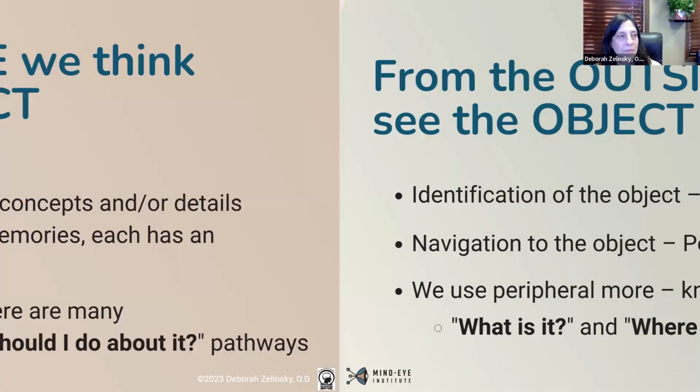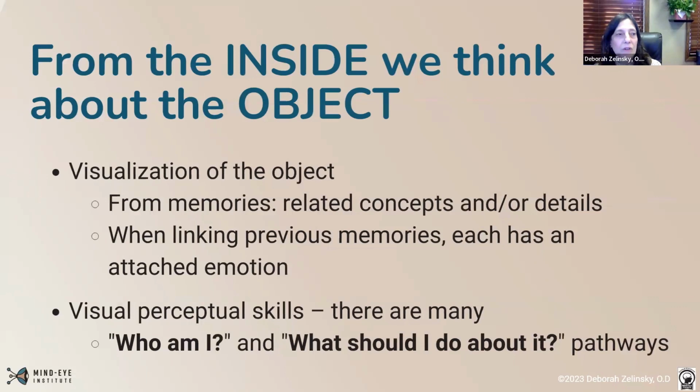Now, from the inside of your head and how you're thinking about the object, there's a lot of different visual perceptual skills. So we test 7 of them with a standardized test. The 7 we test would include pulling a figure out of a background. So if you have a lot of clutter and you're having to find something, you need to scan and then zoom in on one particular target and ignore the rest.